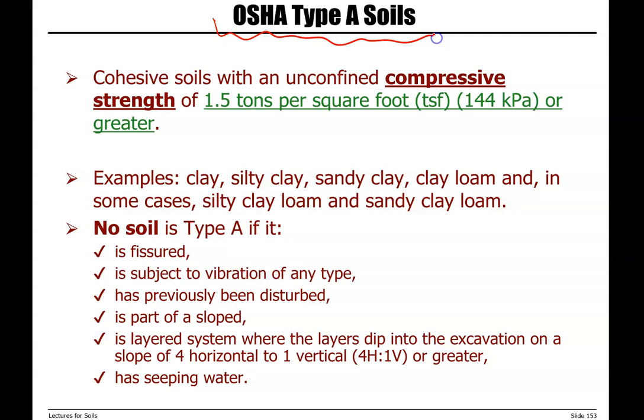With a decrease in stability, we have Type A. Type A is a cohesive soil that has an unconfined compressive strength higher than 1.5 tons per square foot.